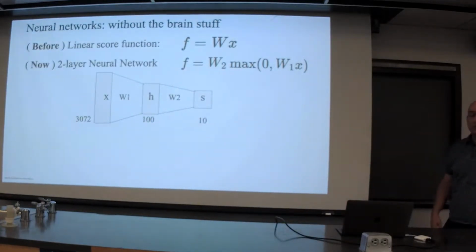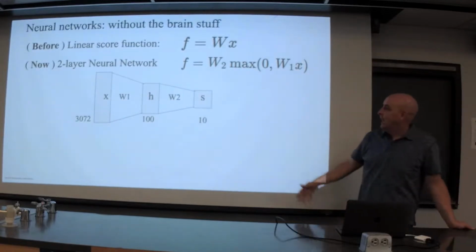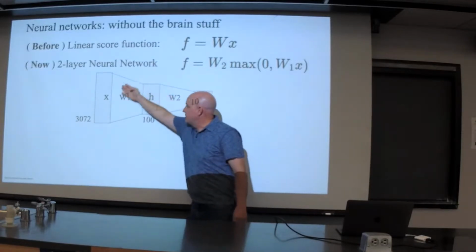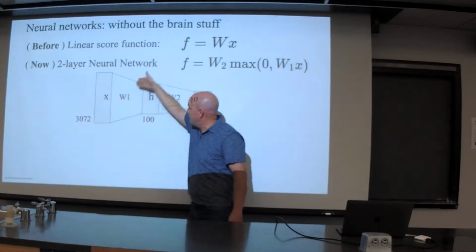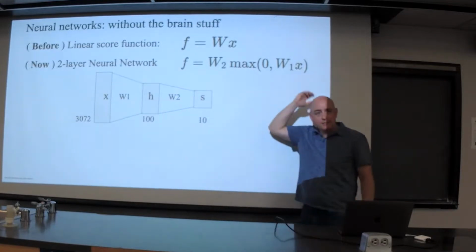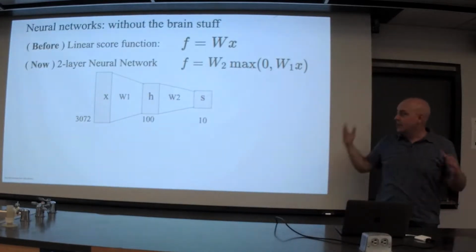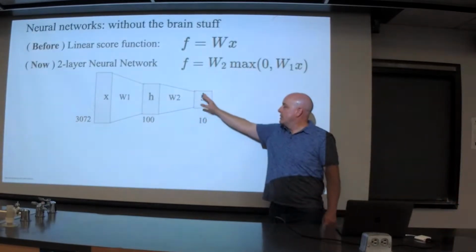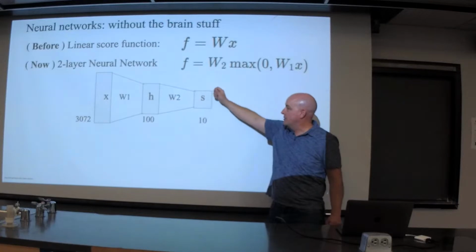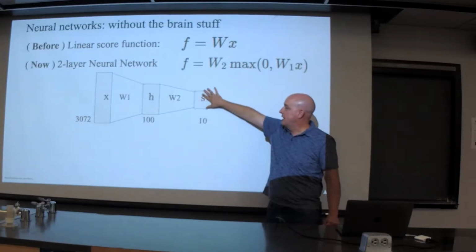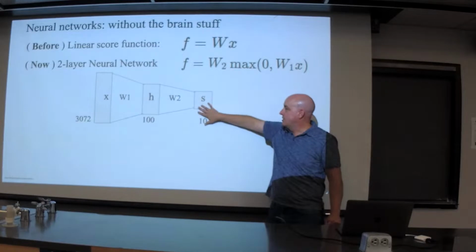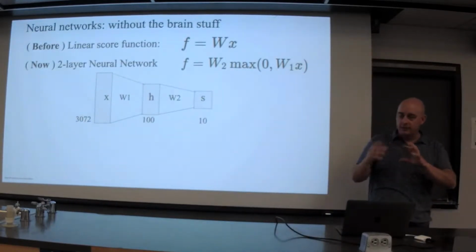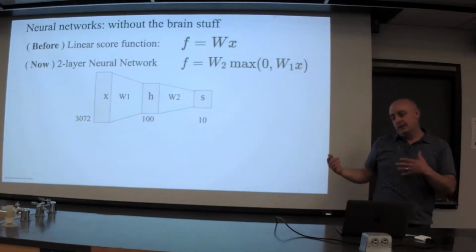Now you have a 2-layer neural network. And in between, to get to this H, after you do this matrix multiplication, you're going to apply your nonlinearity, in this case ReLU, and that will be H. For the score, we typically don't think of the last layer as having a nonlinear activation until we decide what the loss function will be, and then we apply an appropriate activation there to give you the right kind of value.